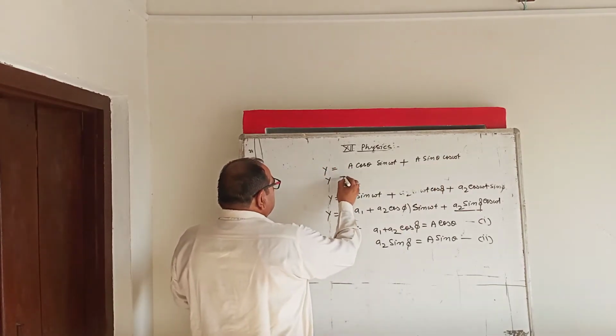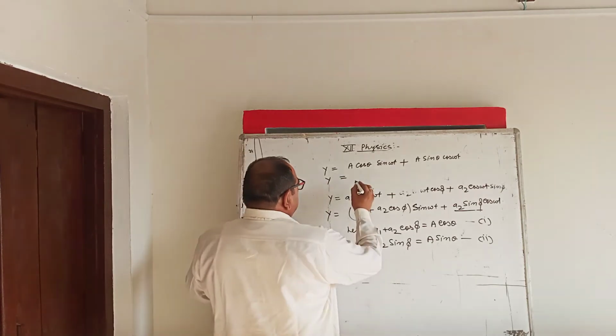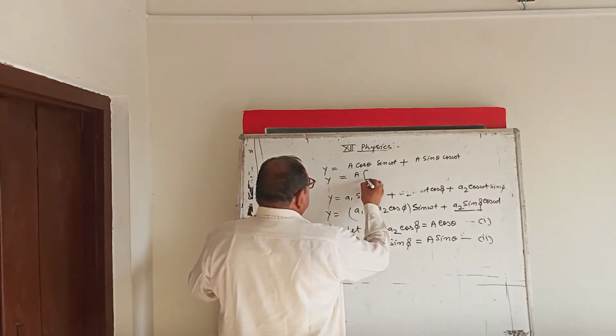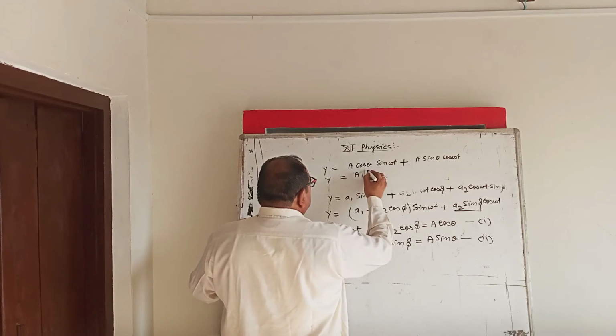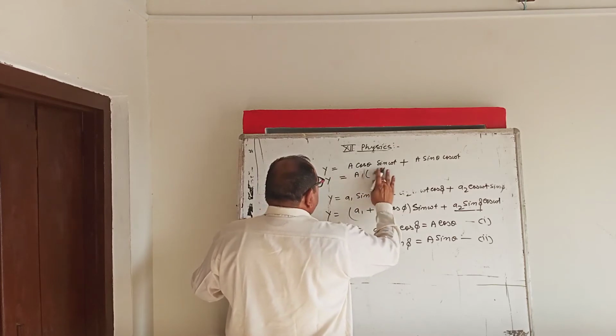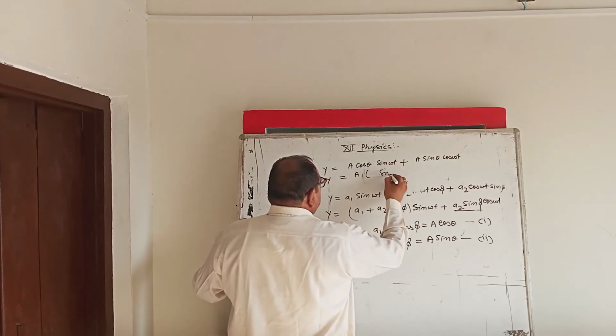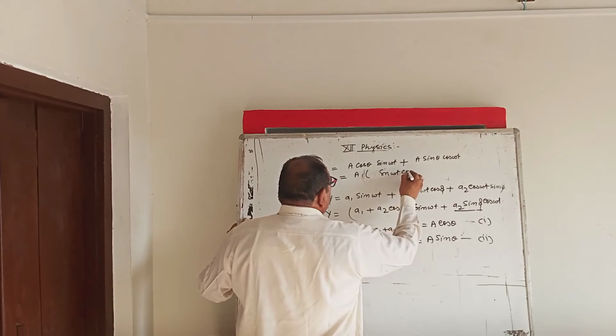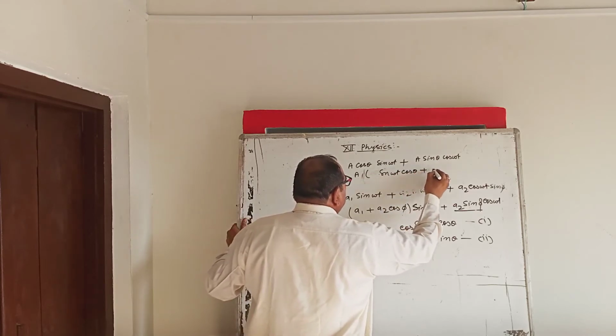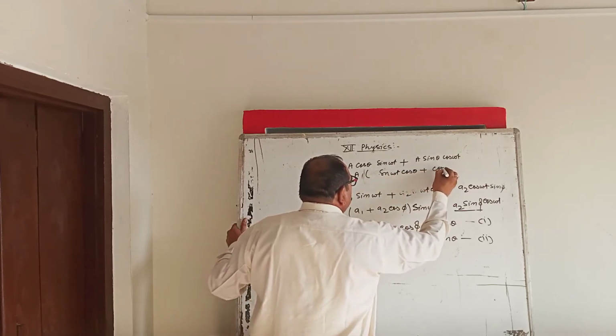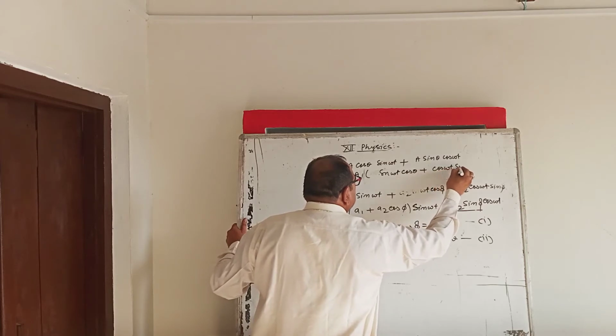Taking A common, y equal to A times sine omega t cos theta plus cos omega t sine theta.